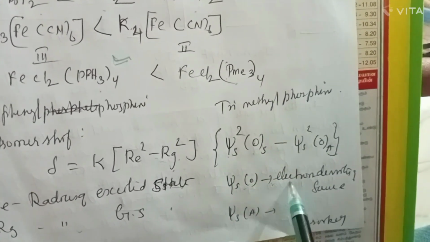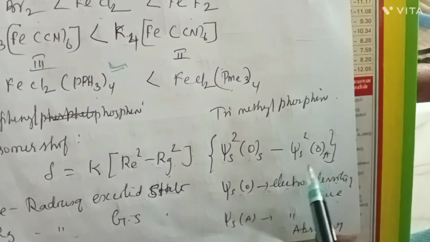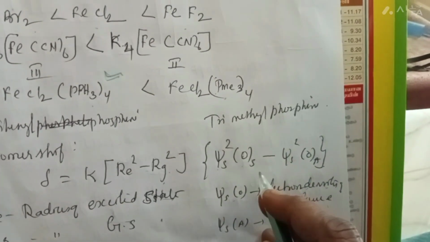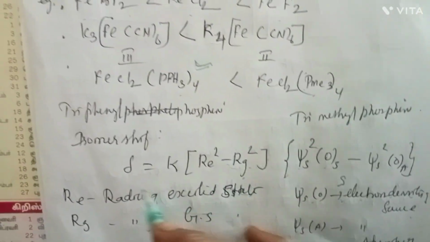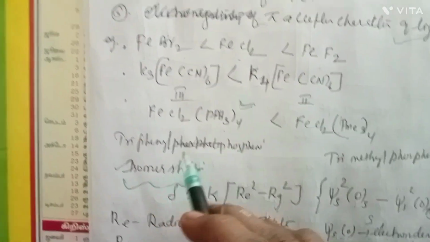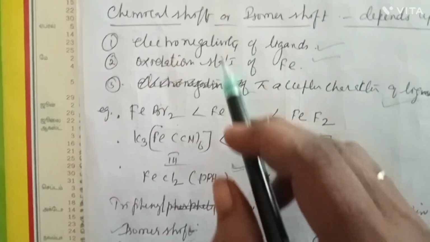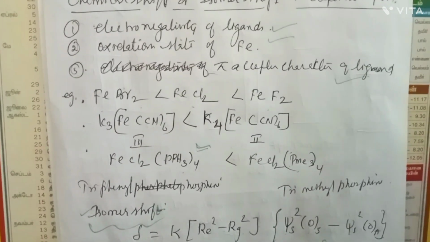So for these 3 examples given here, the isomer shift is equal to K times (Re square minus Rg square) times (psi s square for the absorber minus psi s square for the source). Okay, so the first factor is for the source.